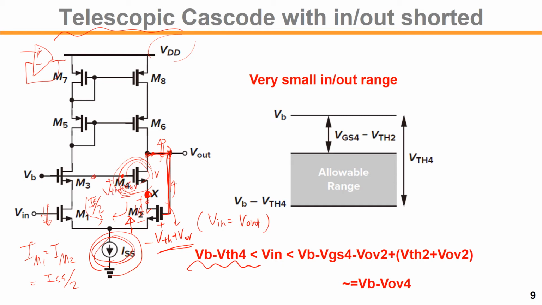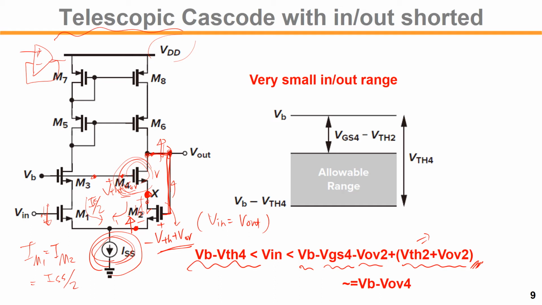Starting from VB, we have minus VGS4, then the overdrive of M2 up to the tail source node, and then up to the input, that would be plus VGS2, which gives us Vin. So that condition would be the maximum voltage.